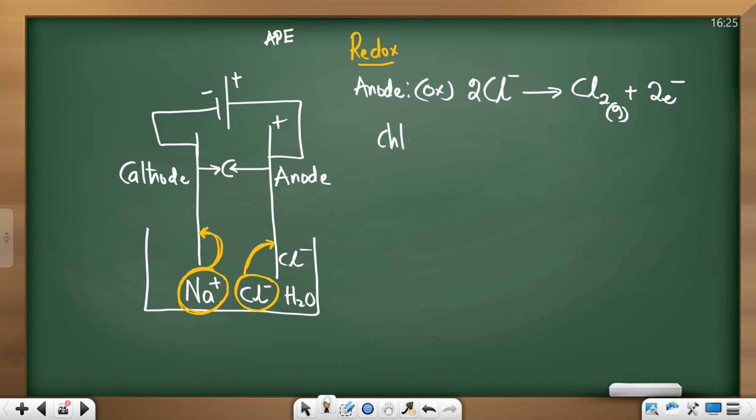So we are saying chloride ions, are they oxidized or reduced? They are what? At the anode. Sophie.